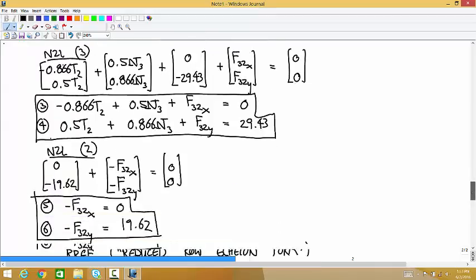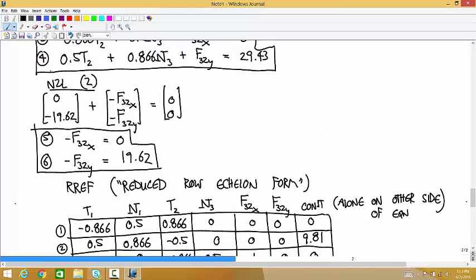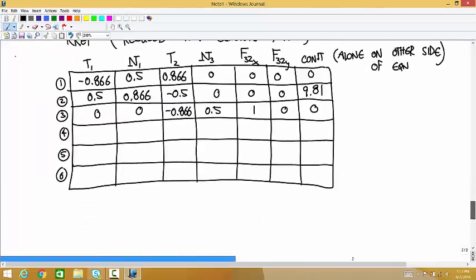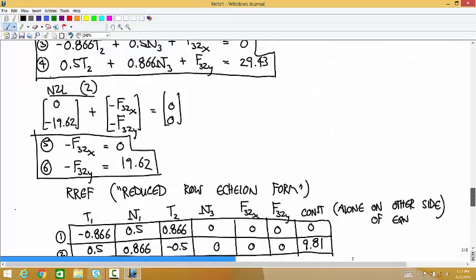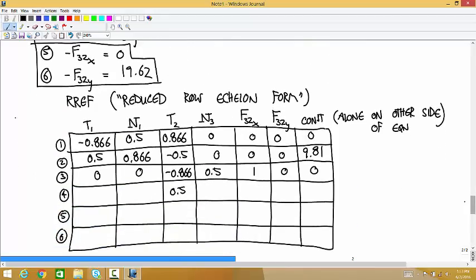And everything else is 0. Equation 4, T2s, we have 0.5. N3s, we have 0.866.